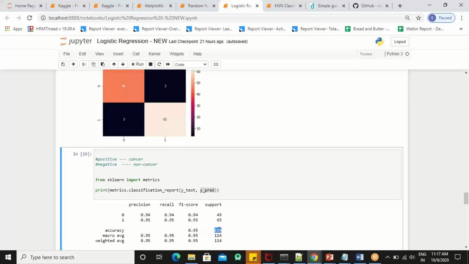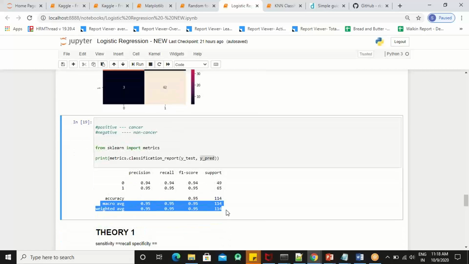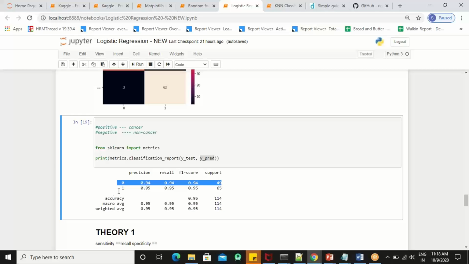Okay, total 114 records. There is this macro average and the weighted average, which is again just using these values we calculate these averages. These are not much used, you can ignore it, but when we talk about it in detail, I'll explain. Another point that we will talk about is why the two entries, it should be 1.